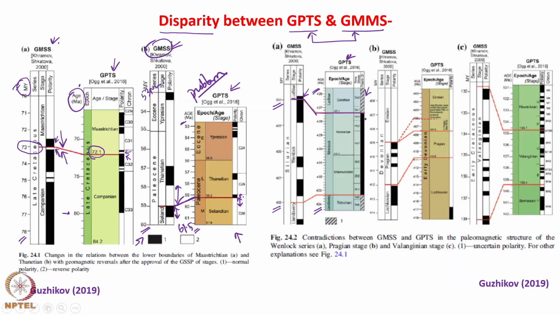How is it possible? The Earth's polarity switch affects the rock synchronously, but how is it happening? This is the question. Is there a mistake in dating? Is there a mistake in correlation, or is there a mistake in GMSS, or is there a mistake in GPTS? Similarly, you can look at where the problem is.